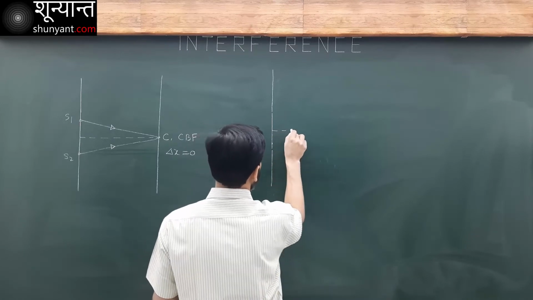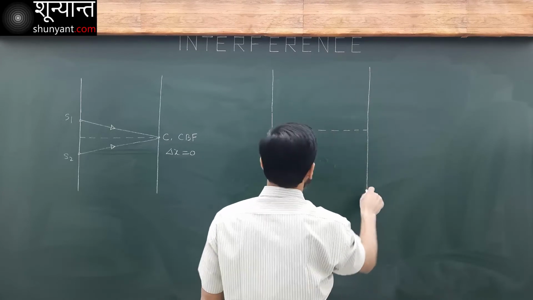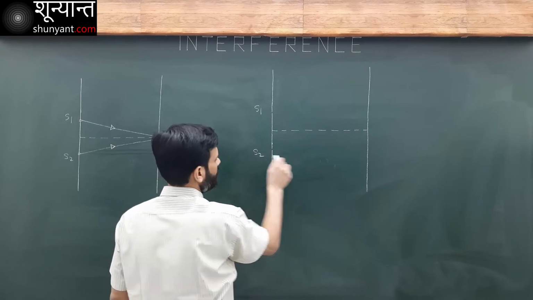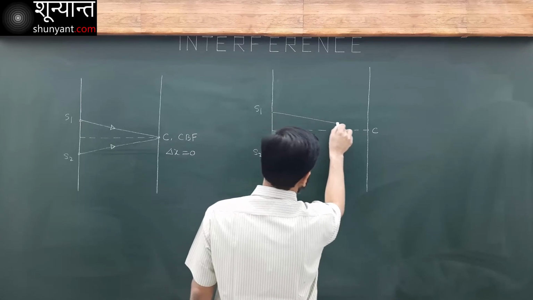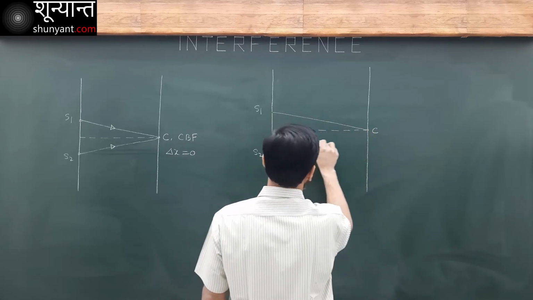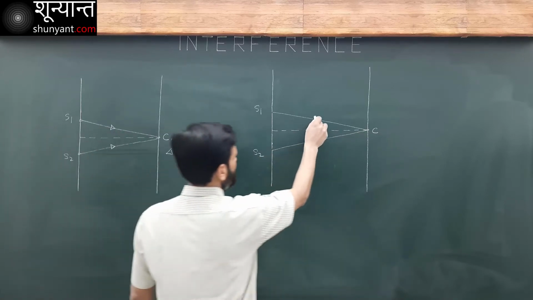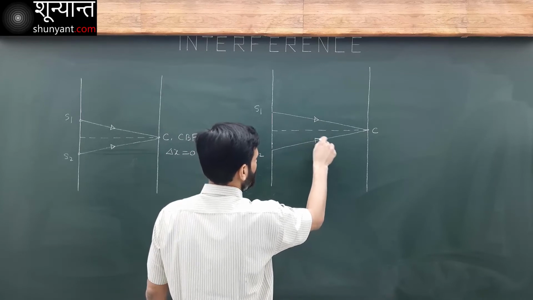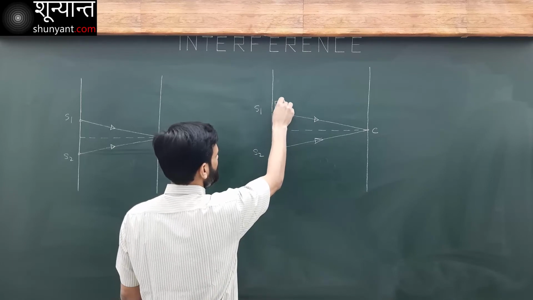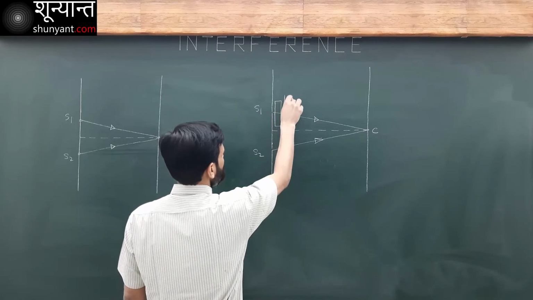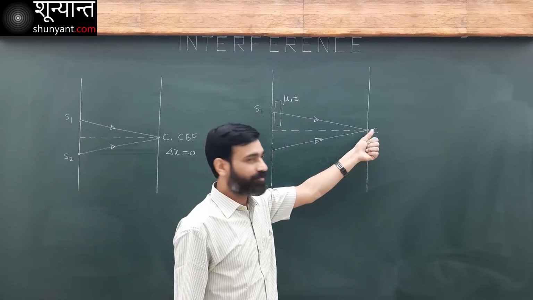Now consider this. This is S1, this is S2, this is the center of the screen. What will happen if I put a thin transparent sheet here, and let's say its refractive index is mu and its thickness is t? Do you think the path difference here will be 0?